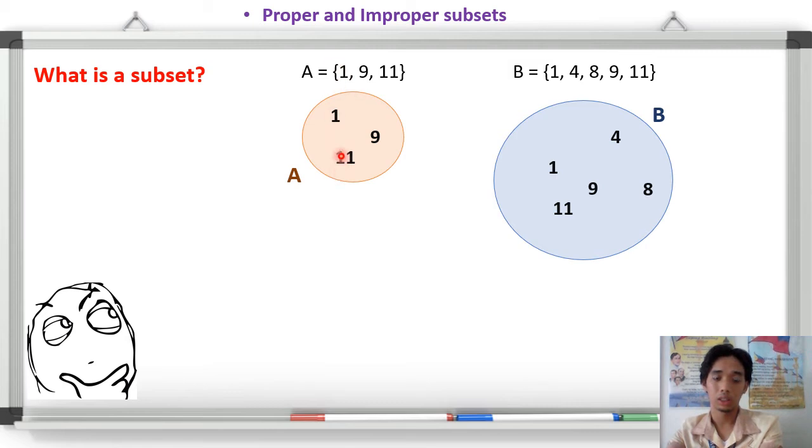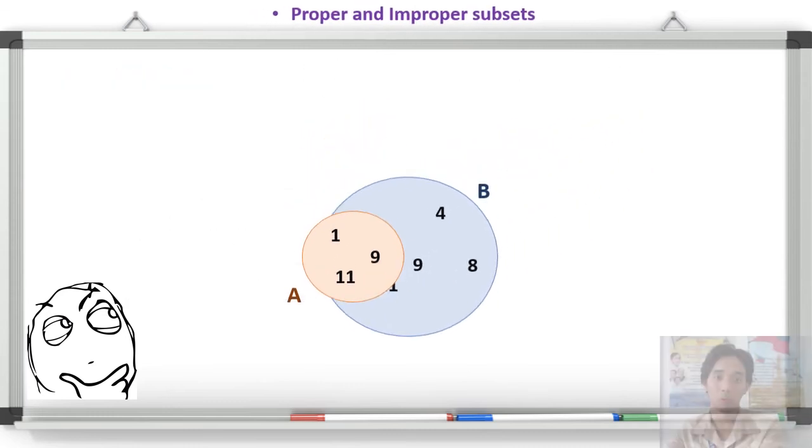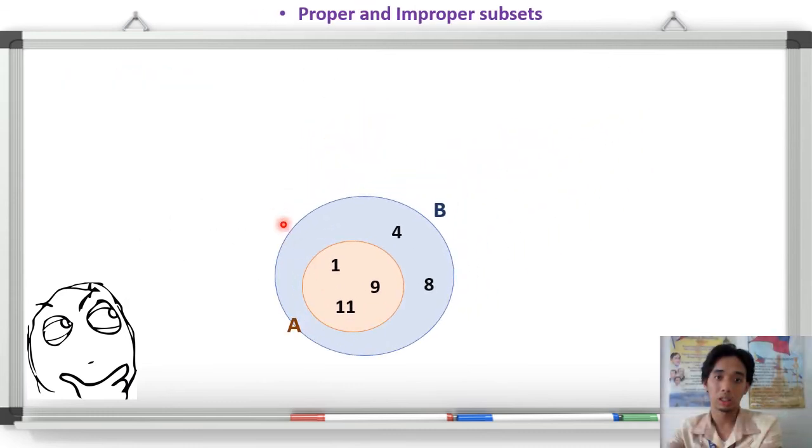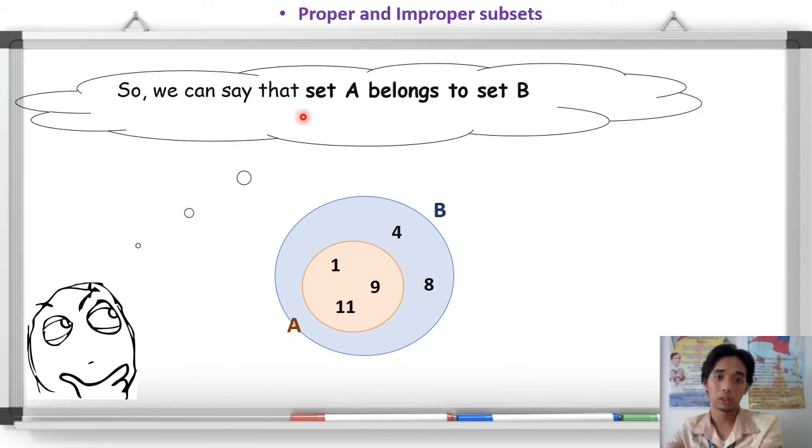So as you can see, set A has 1, 11, 9 and B also has 1, 11, 9. So all of the elements of set A is also an element of set B. We can say that set A belongs to set B because all of the elements of set A belong to set B.